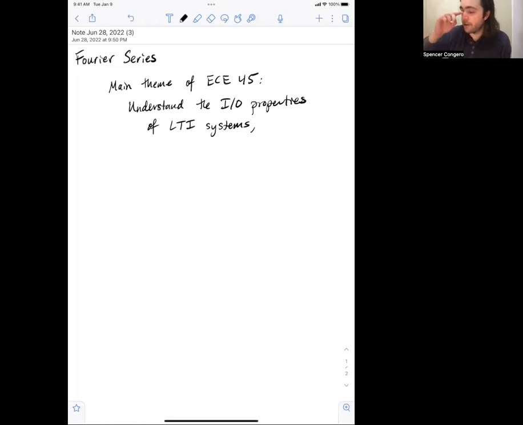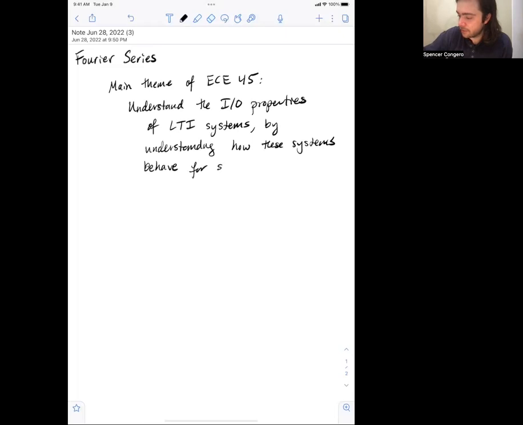In particular, we want to understand these I/O properties by first understanding how these systems behave for sinusoidal, or even more generally, as we've seen in the eigenfunction video, for sinusoidal or complex exponential inputs.